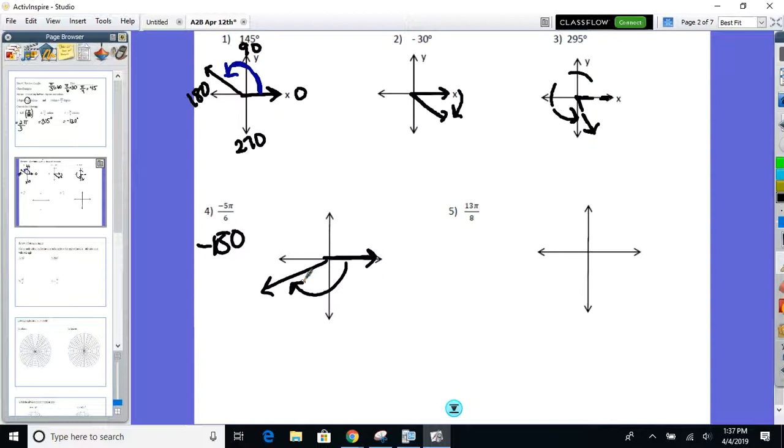I don't know pi over 8. I'm sorry. I do not know pi over 8. So we're going to multiply by 180 over pi. Get the pi's out of there. And then you guys can let me know what is that as a degree.